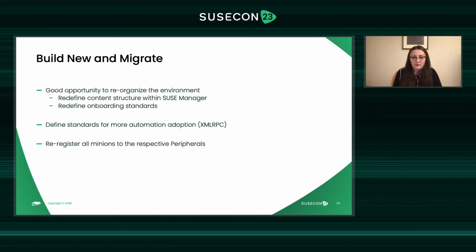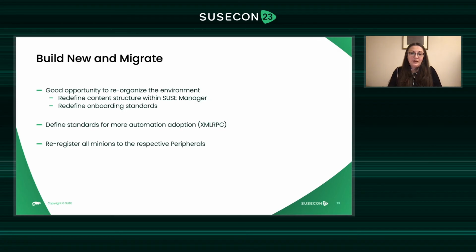But if you do decide, or if it is required, that you expand from a single SUSE Manager server to a hub architecture, what we typically recommend is to build new and migrate. There are multiple reasons for that, but this is a good opportunity to reorganize the environment through that mapping exercise that we've discussed earlier.